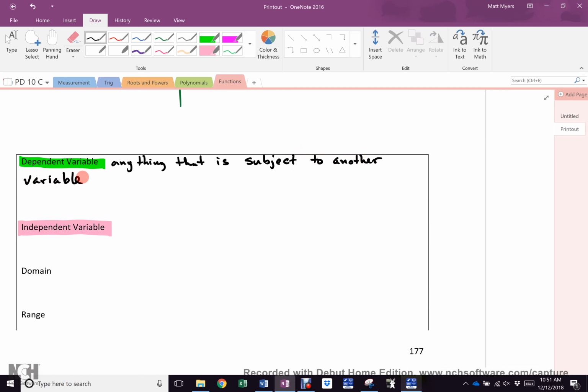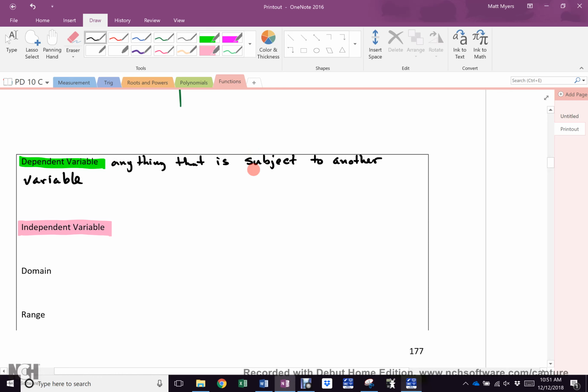Because when I say what's a variable, every one of you says X. What is a variable? Good. Unknown value. What else could it be? If my mood is variable, what does it mean? Changes. A variable is anything that can change. Anything. Okay? So the dependent variable is subject to another variable.